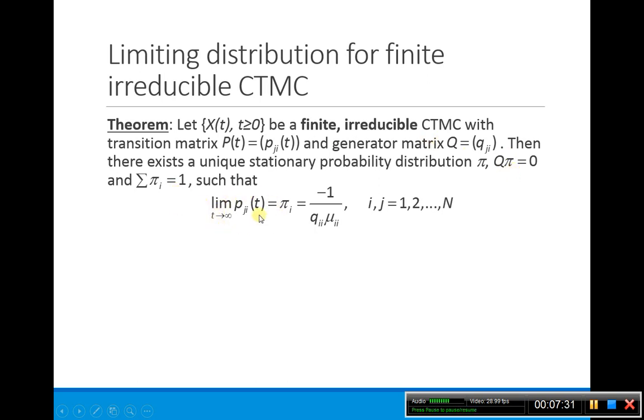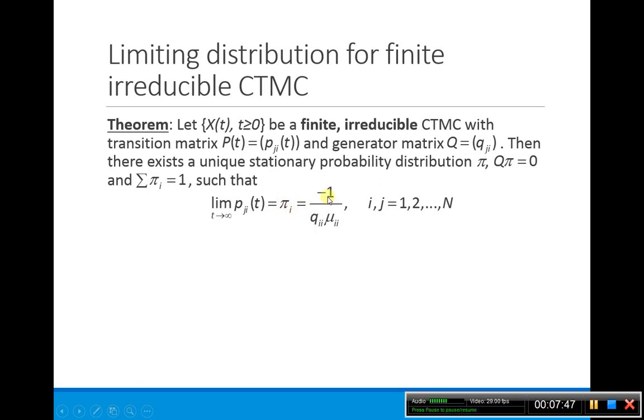And so basically we say the limit as t goes to infinity of p_ij(t), the probability of going from i to j at time t, is equal to pi_i. So this is our stationary limiting distribution for our state i.